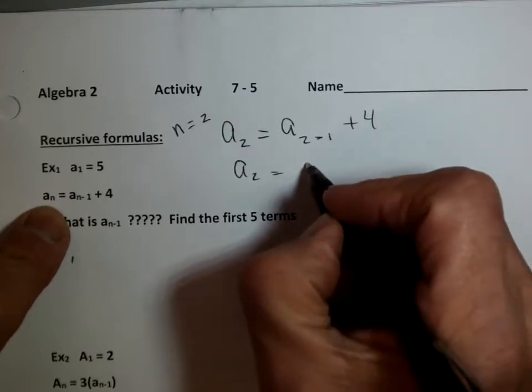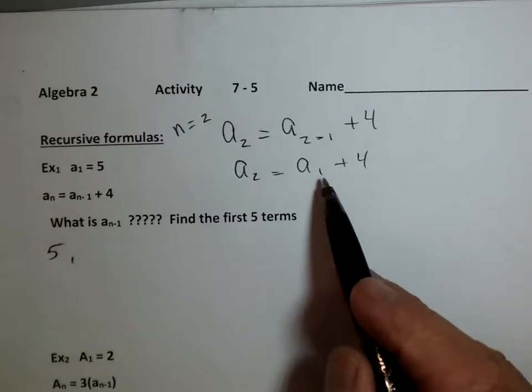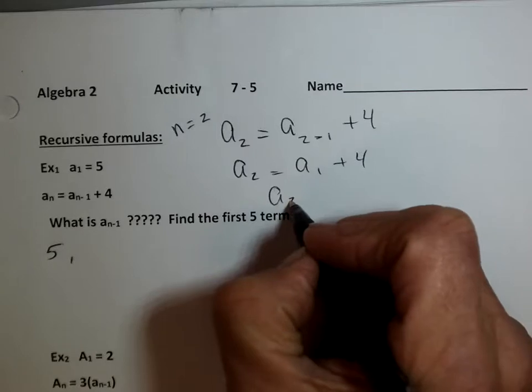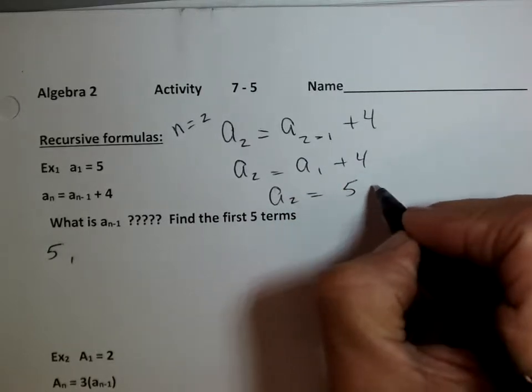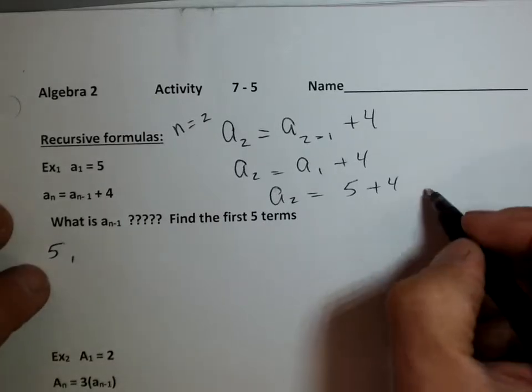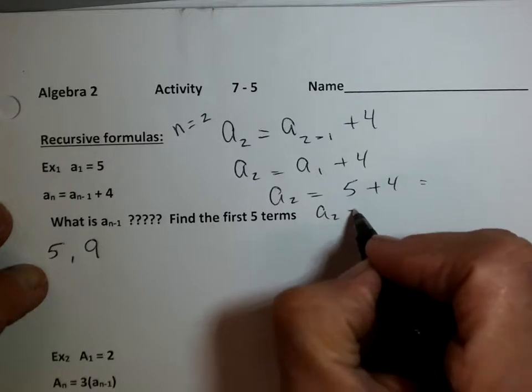So that means a1 plus 4. Oh, wait a minute, we know what a1 is. a1 is 5. So a2 is simply going to be 5 plus 4, which is 9, okay? So a2 is 9.